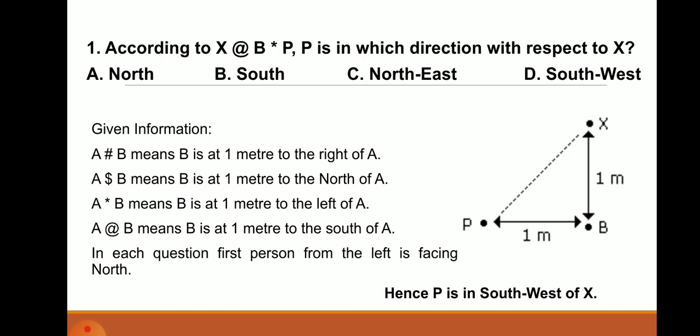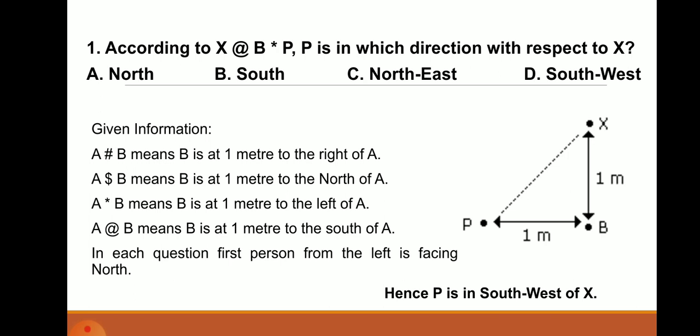Next, B star P in the instruction X at the rate B star P. B star P is similar to A star B. A star B means B is 1 meter to the left of A. So here B star P represents P is 1 meter to the left of B. So from point B towards the left, I will plot point P at 1 meter distance. So I have got the X, B, P points like this.